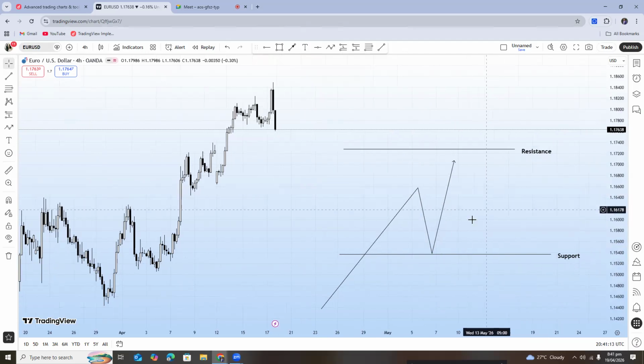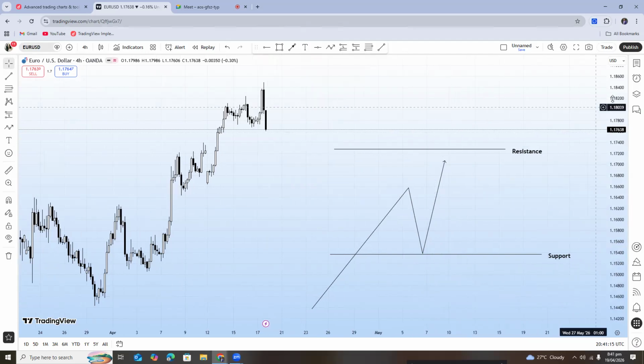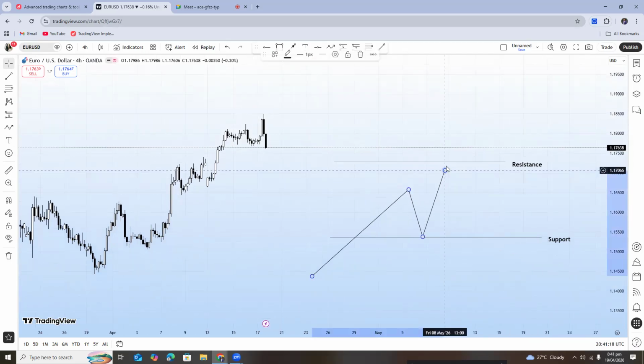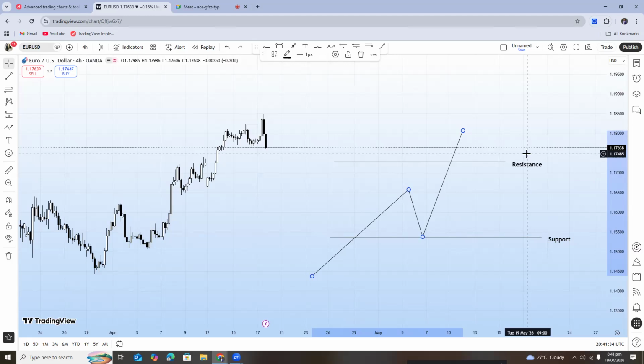A resistance. If that is the case, it means that the moment the market breaks the resistance, now the price is above the level. So the resistance has become what? A support. What this means is that when a resistance is broken, it becomes a support. When a support is broken, it becomes a resistance.